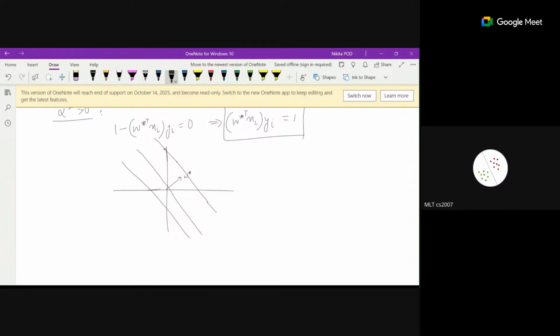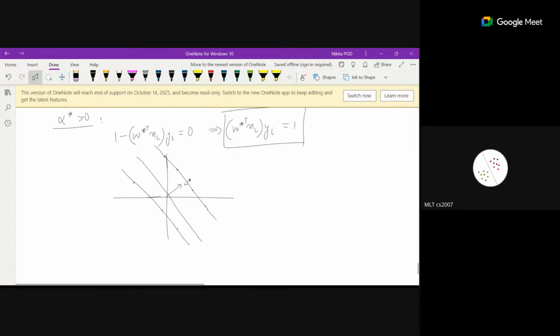Only the data points which are on this line are important to us. Given that my alpha star is positive, the data points which are important to us have to lie on the supporting hyperplane. This is all it says.